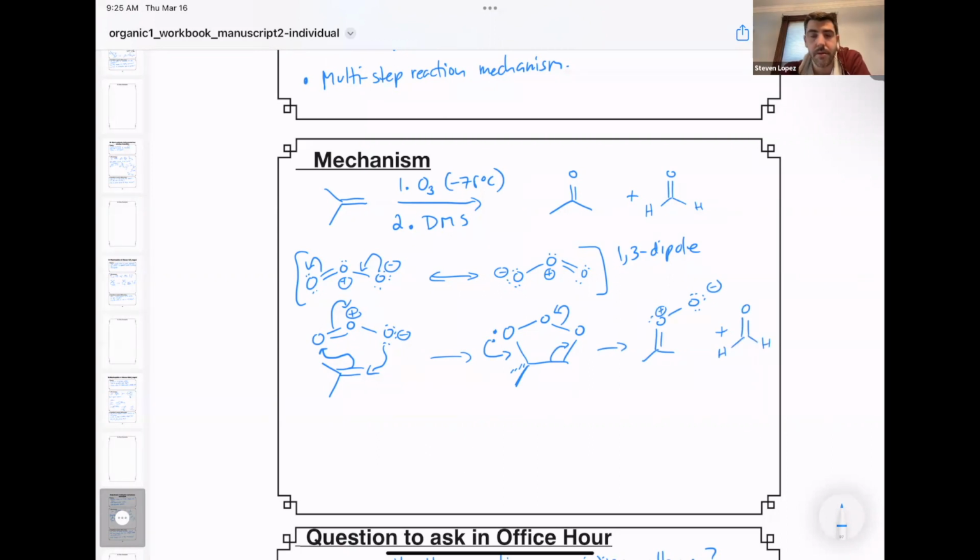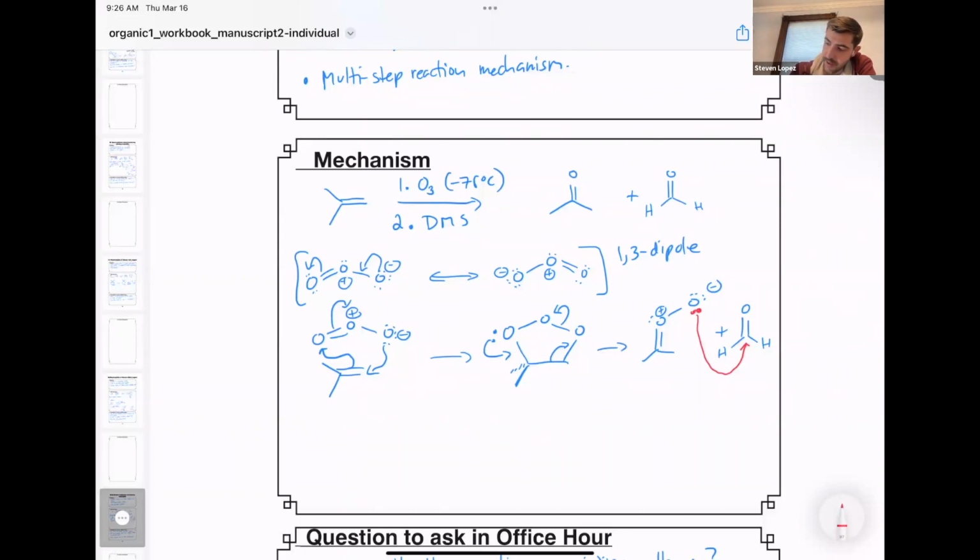Okay, so now these two can undergo a reaction themselves, and I'll draw these in different colors to make it a little easier to follow. We're going to use this nucleophilic oxygen, these electrons, which I'm going to show in red as the most nucleophilic part of these two molecules. And this is going to hit this electrophilic terminus of the formaldehyde.